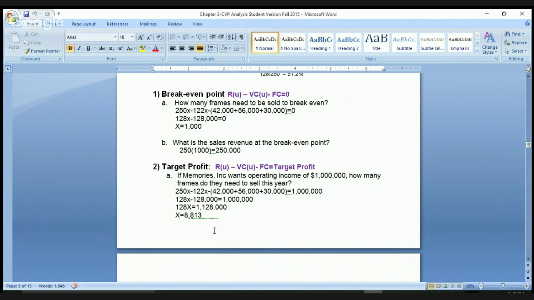So we have to round up to the next number. If I take 1.128 million and divide it by 128, I don't quite get 8,813, but because I can't sell a partial frame, I have to round it up to 8,813. So the answer is that if I want to earn $1 million in profit, then I have to sell 8,813 frames.